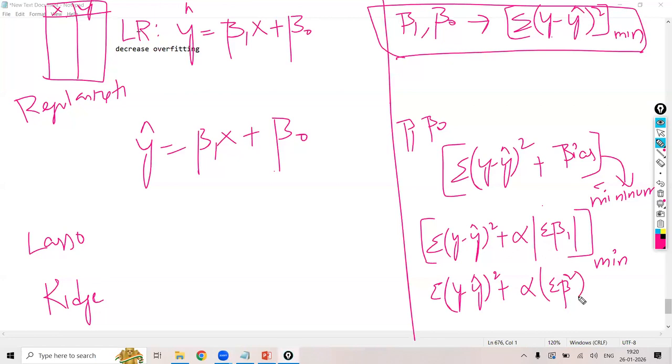Instead of modulus, slope square should be minimum. Is the point clear?